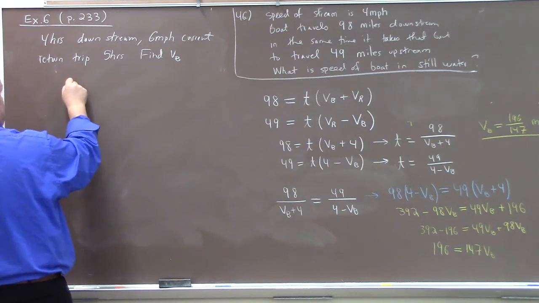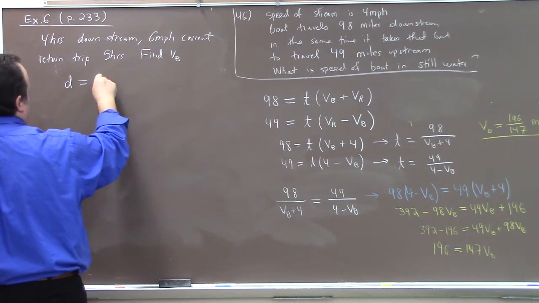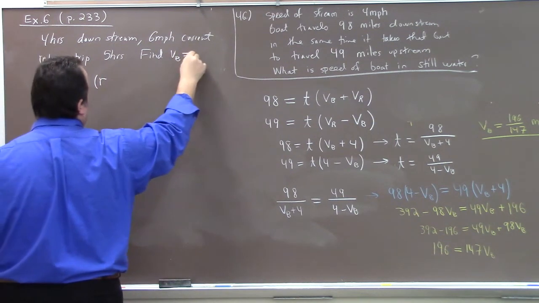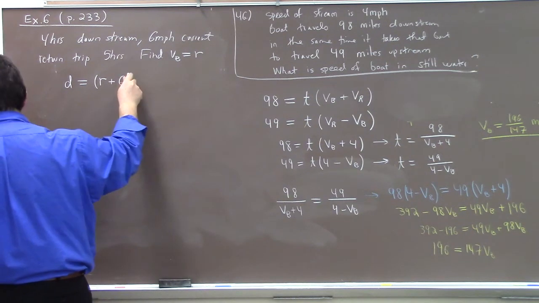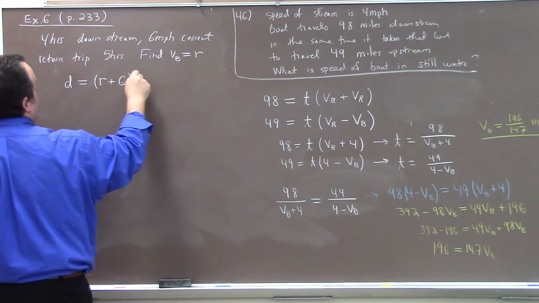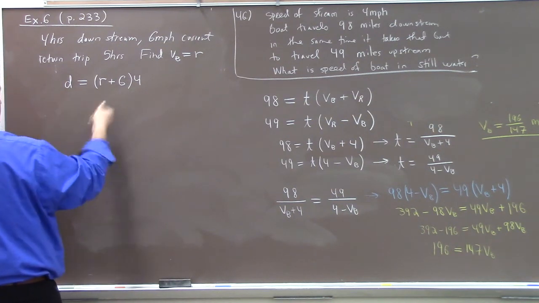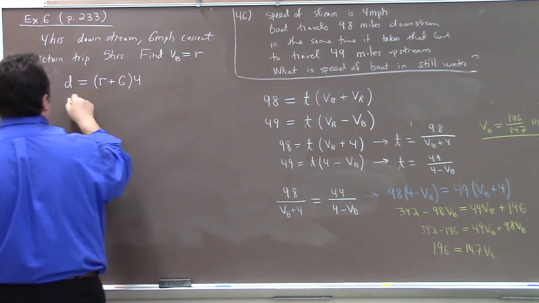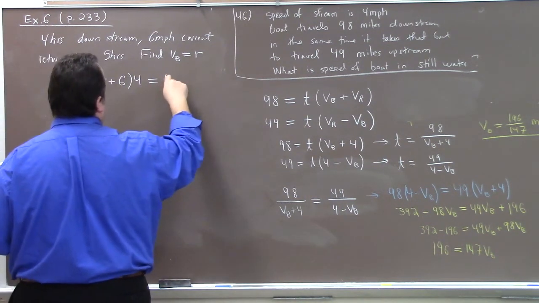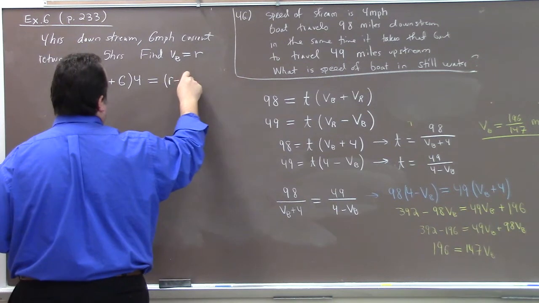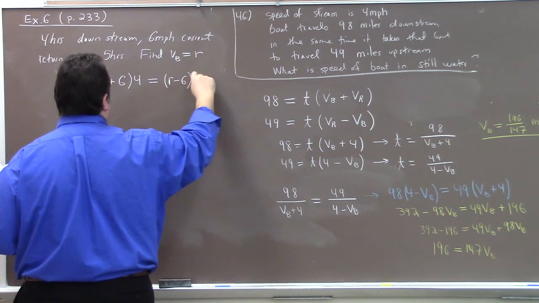So he says the distance is equal to the rate of the boat, he calls it R, so R plus 6 times the time downstream, 4, right? But the distance on the return trip takes 5 hours, so R minus 6 times 5.